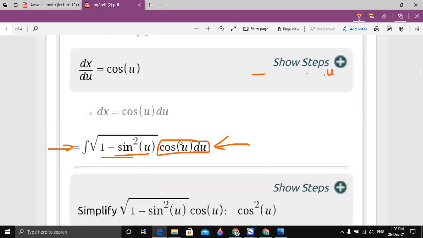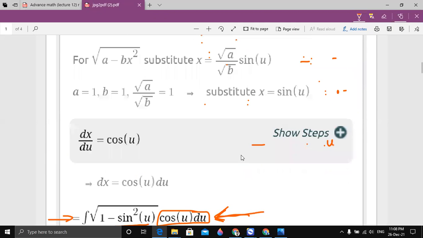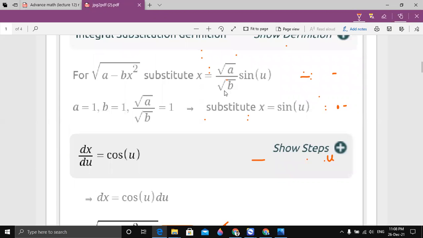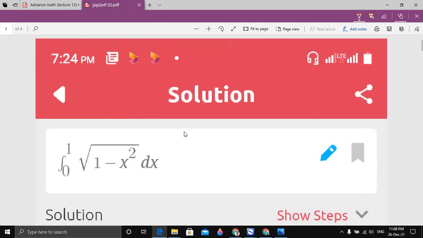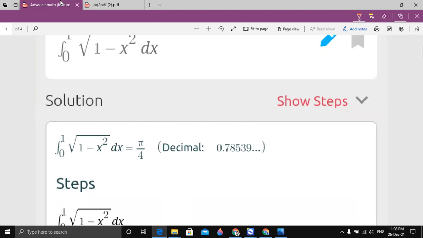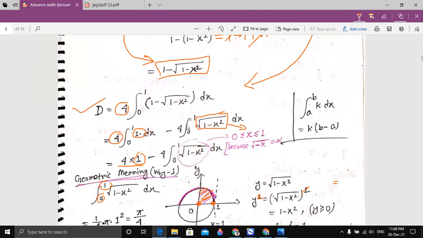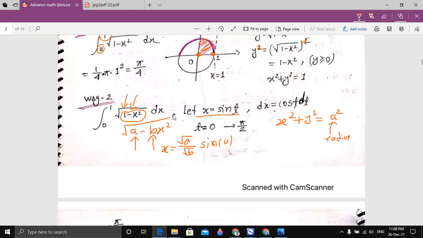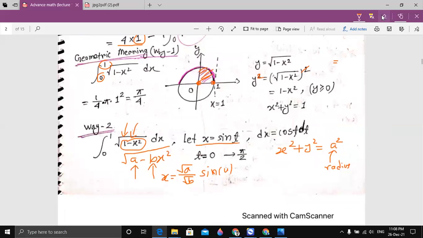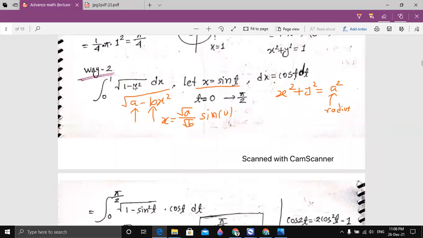So guys, we have come up to this line, and Mitchell can understand but Farid cannot understand. So Farid, let me start from the beginning. We have the integration of 0 to 1 of root over 1 minus x square dx.